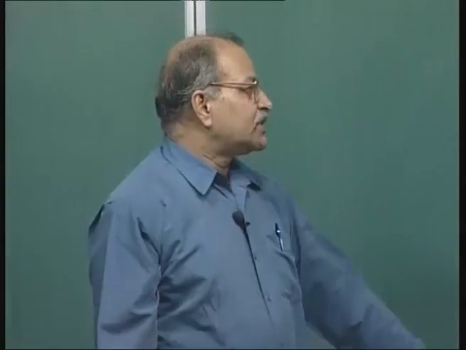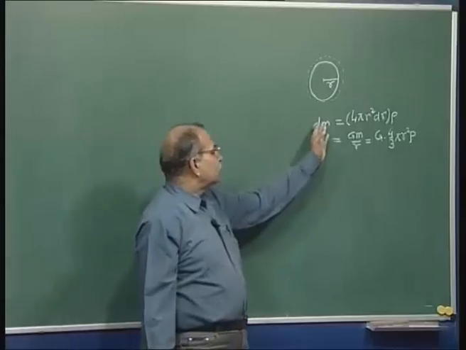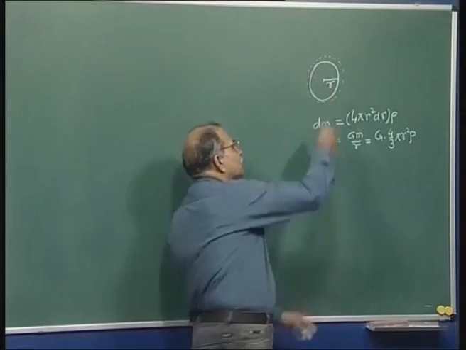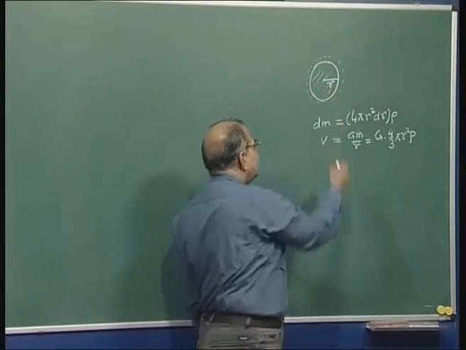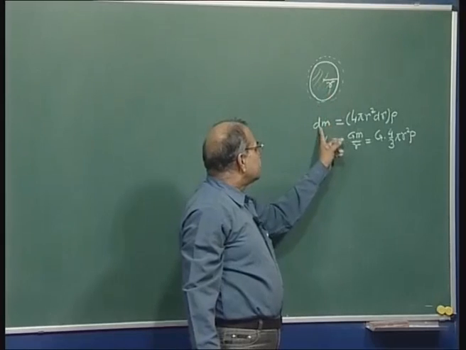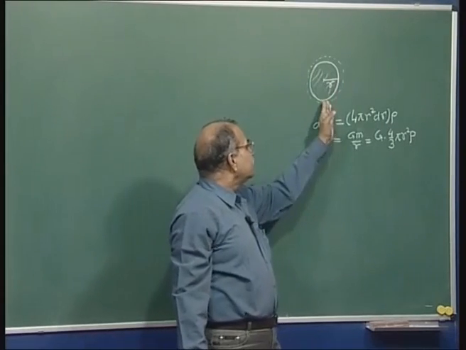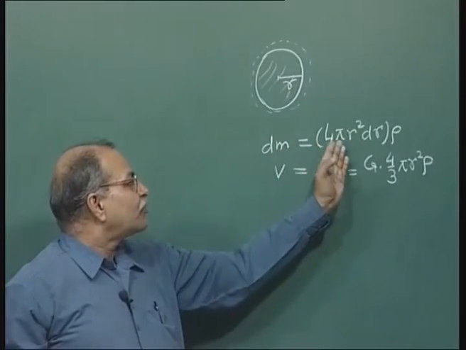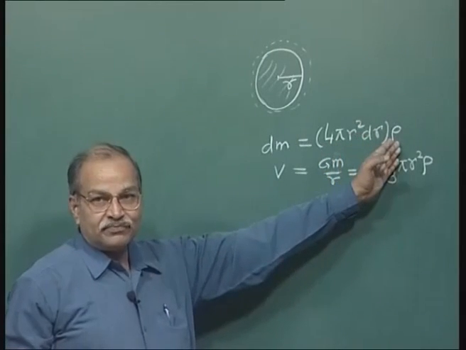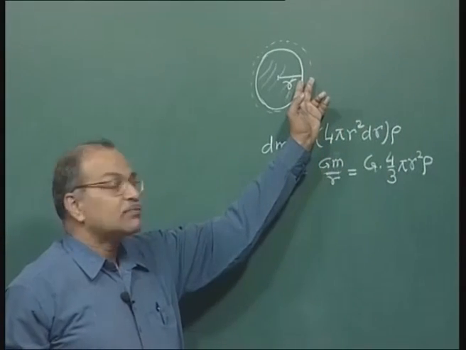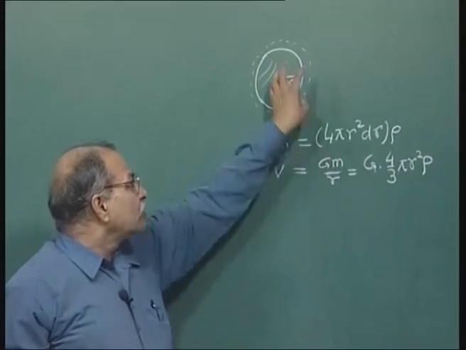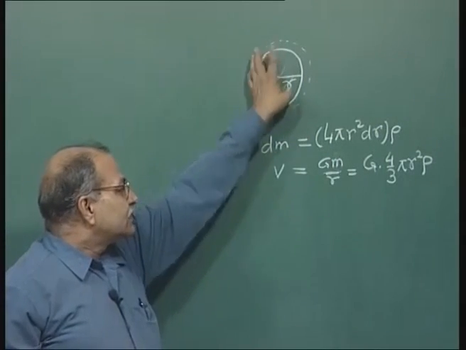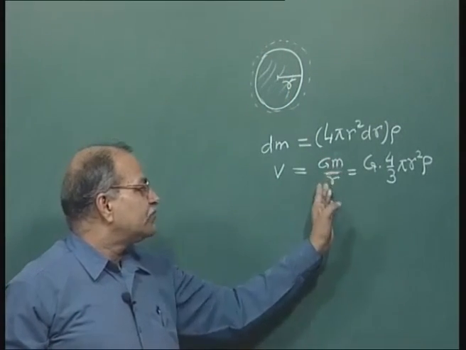Okay. So, that gravitational potential energy you can calculate: if the mass already accumulated here is small m, radius small r, then the next layer that you are bringing will have a mass 4 pi r square dr times rho, where the radius is increased by dr, and the already accumulated mass will have a potential G m by r.